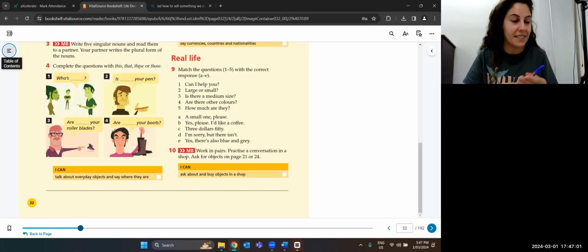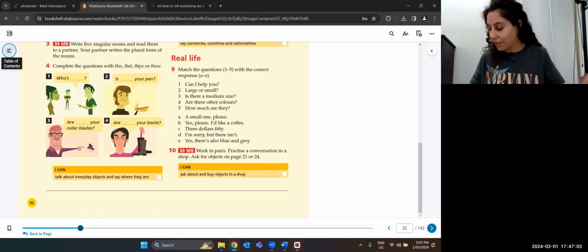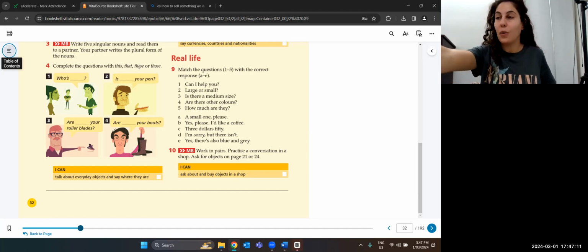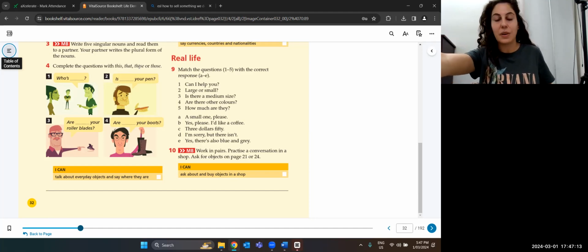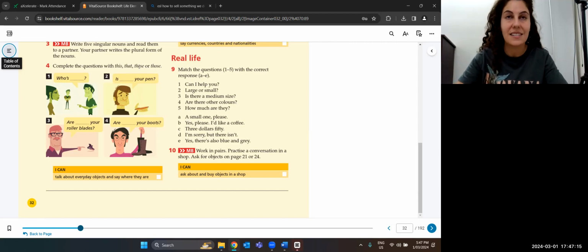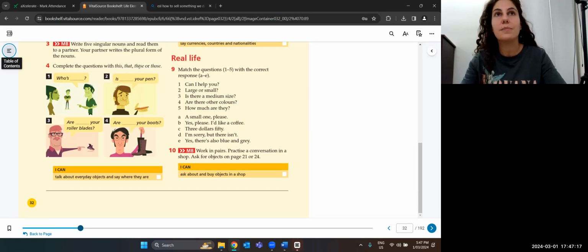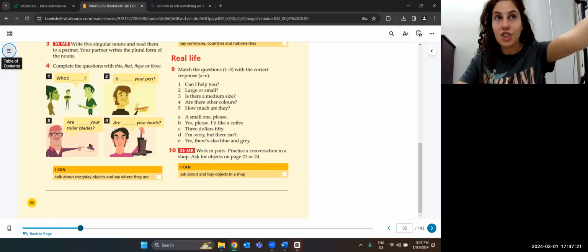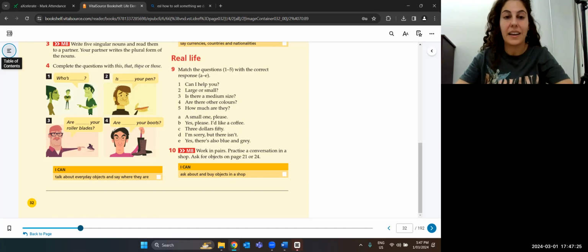I'll say these pens are very expensive, or these shoes are very expensive. If it's far away, those. So maybe I'm looking at someone else and saying, wow, those shoes that someone is wearing are really nice. Or those plants over there are really nice. Or those children look happy. So those is far away.